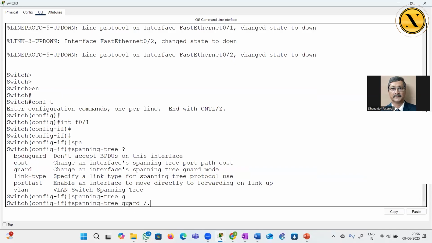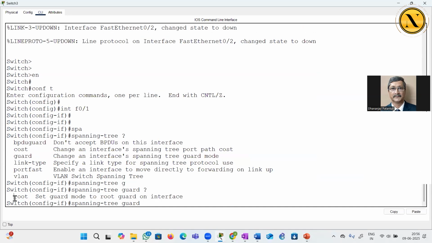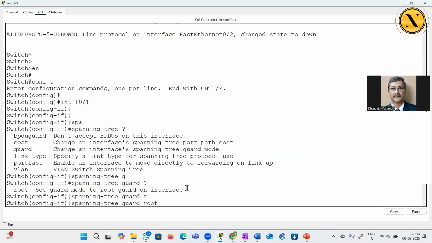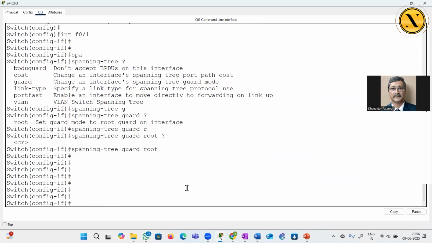Only one command, root. Spanning tree guard root. Anything else? Nothing. Spanning tree guard root, right?